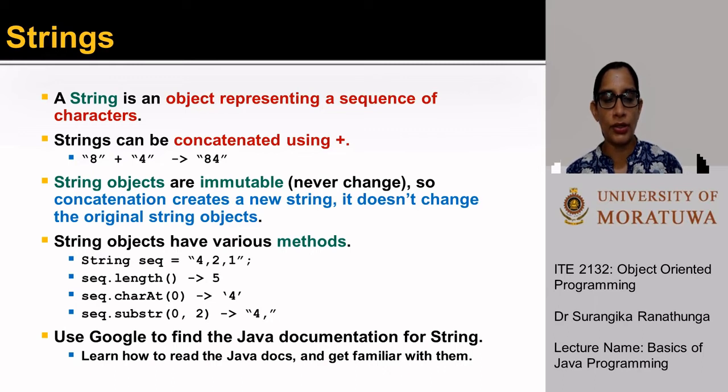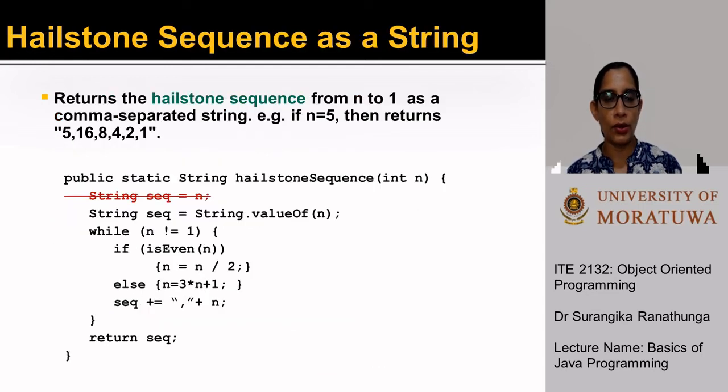So I encourage you to refer to the Java doc, the Java documentation, to understand and use these methods. It will be good practice for you to learn how to refer to this Java documentation and learn from that. So here's the code we have now written to return the created Hailstone sequence as a string.